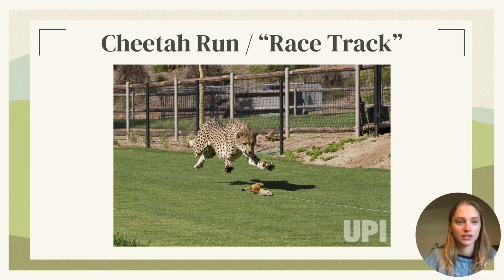So this next image is another piece of inspiration for us. In this image you can see that there are some encounter and enrichment opportunities at this other zoo, and they allow a cheetah run or like a racetrack, for instance, so that the cheetah is able to exhibit some of its natural speed and chase a lure.